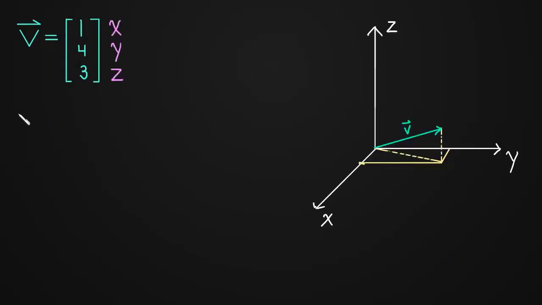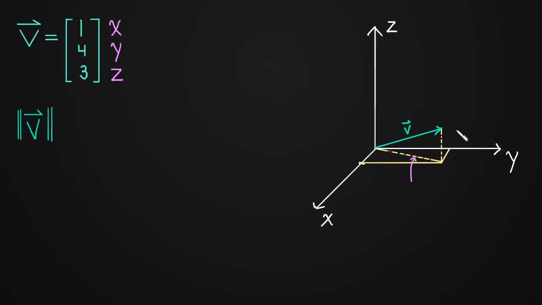Let's talk about finding the length of a vector that has 3 components. So here we have the vector v equal to 1, 4, 3, and I want to find its length. In a previous video, we graphed this vector, and I want to point your attention to the fact that we have a right triangle here.